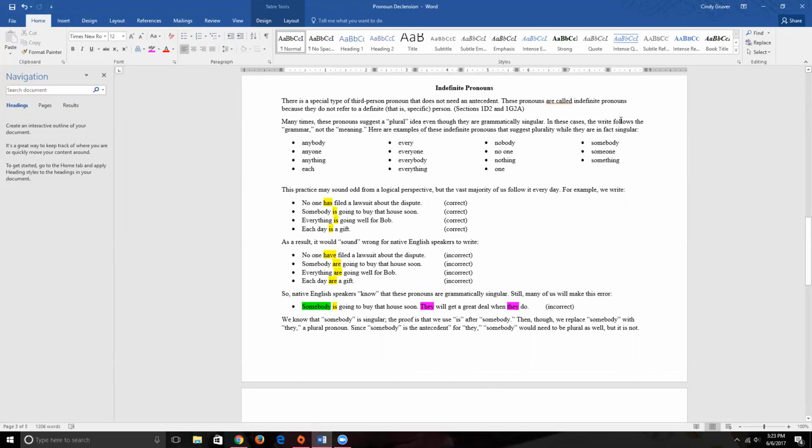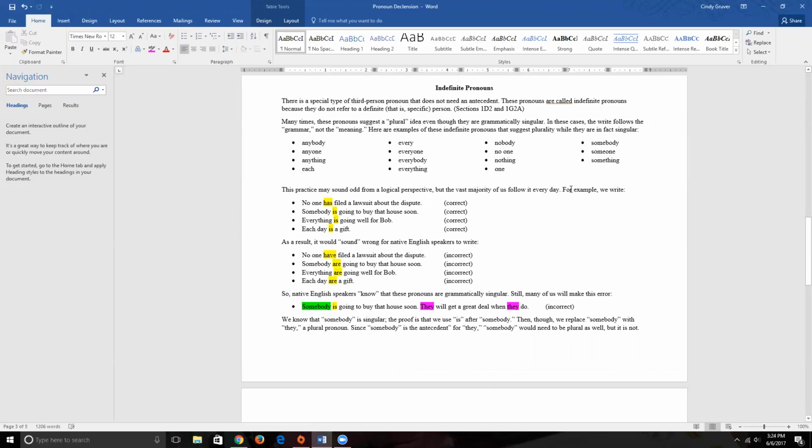And here's just a sampling. This is not an exhaustive list. Anybody, anyone, anything, each, every, everyone, everybody, everything, nobody, no one, nothing, one, somebody, someone, something. Those are just a sampling of some of the indefinite pronouns.